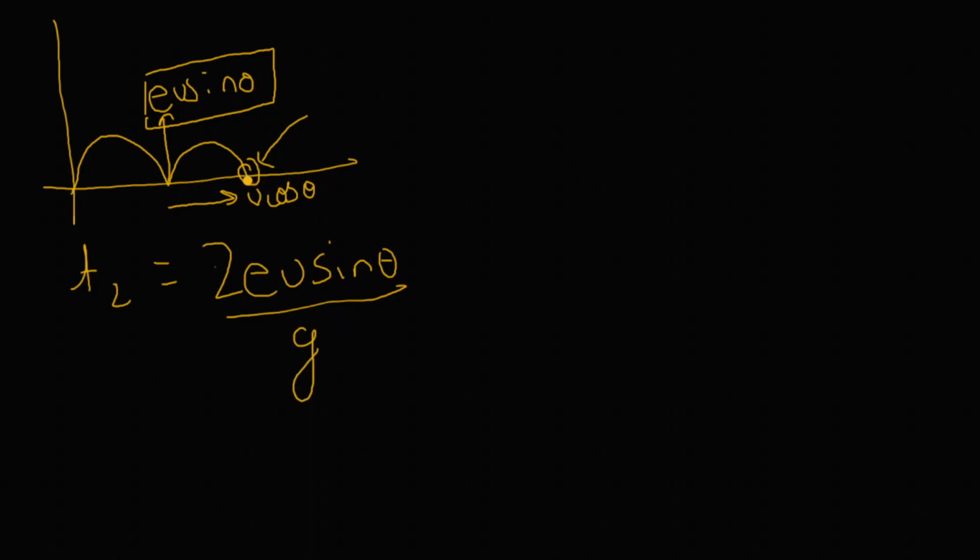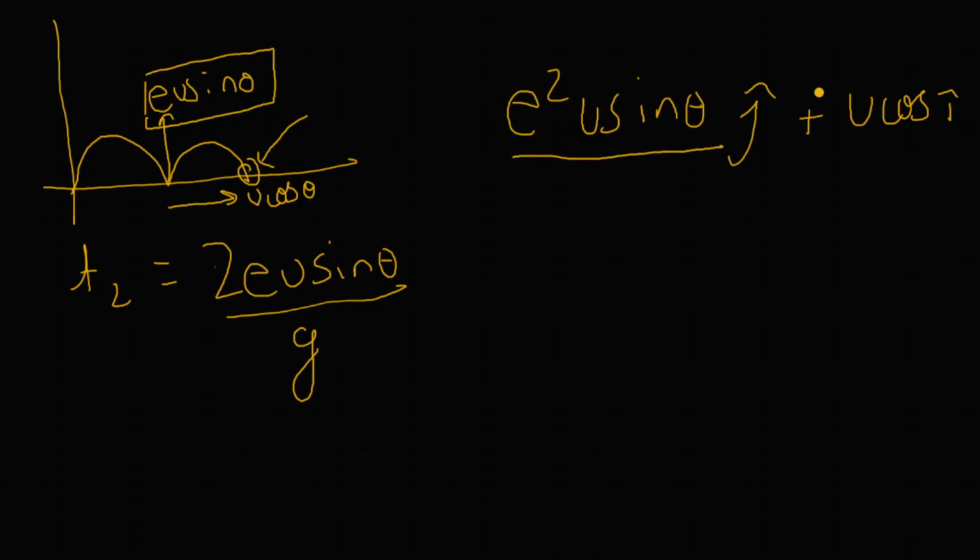Similarly, after t2 in this collision, it will rebound again with a vertical velocity of e square u sine theta, and its horizontal component will remain unchanged, u cos theta i cap, and so on. After every collision, its vertical component of the velocity is getting multiplied by e, but the horizontal component is remaining the same.